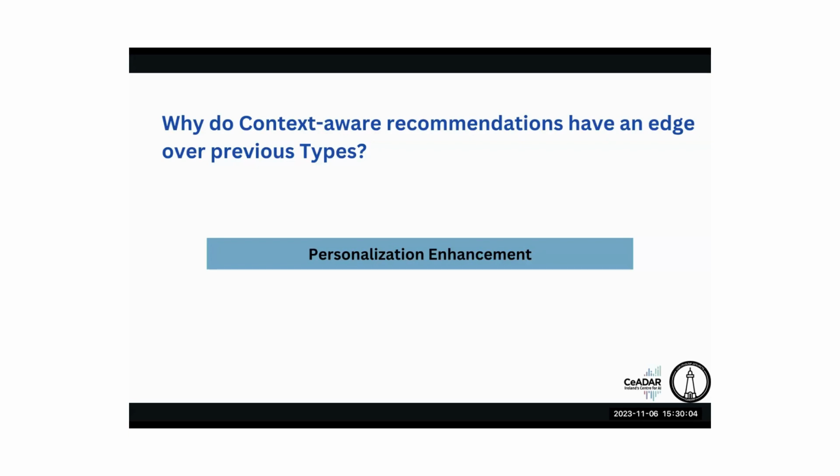So the context aware recommendation allows for a higher degree of personalization, tailored to the specific preferences and needs of each user in real time. That's the biggest advantage of our context aware recommendation system.